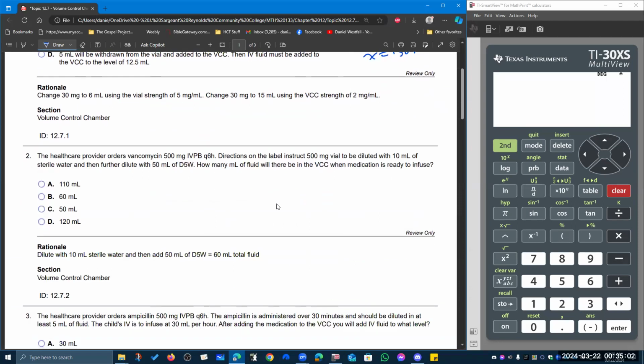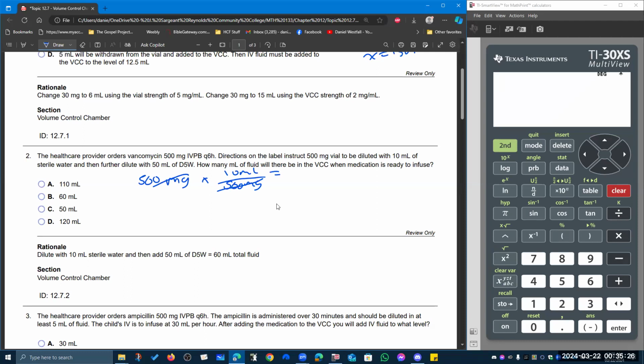Healthcare provider orders 500 milligrams IVPB every 6 hours. Directions on the label say 500 milligram vial is to be diluted with 10 milliliters of sterile water.